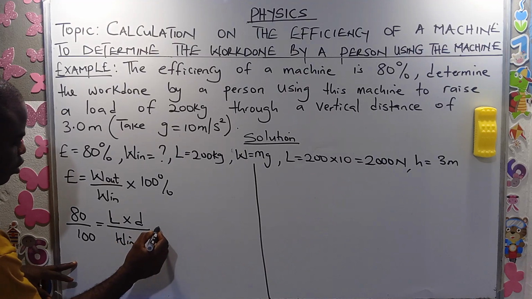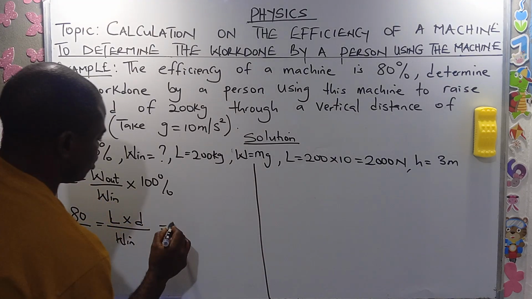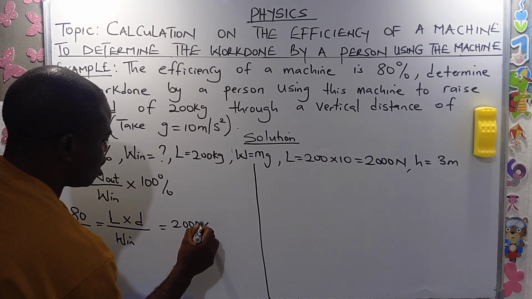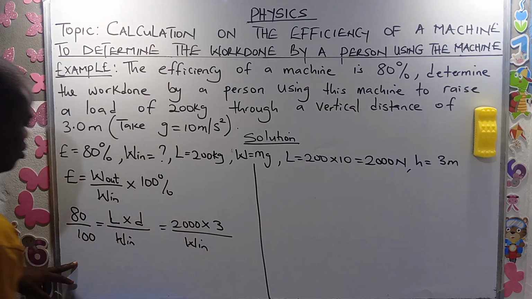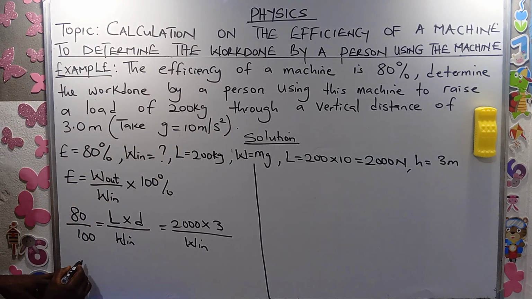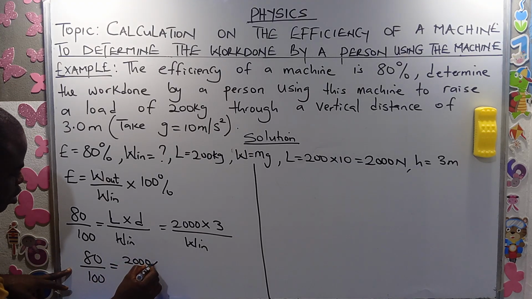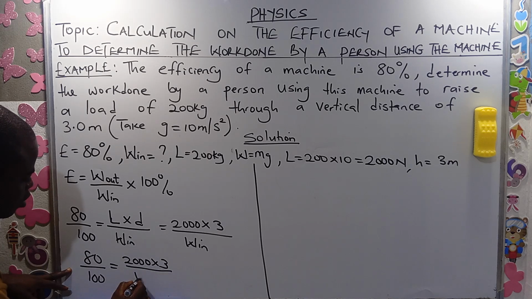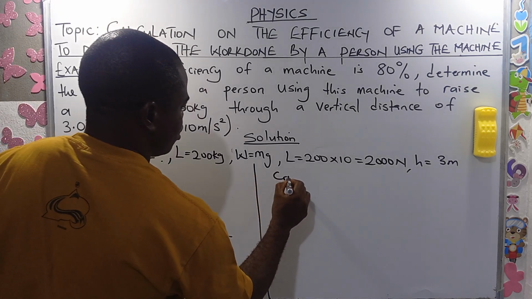Now, you have it equal to, what's your load? Load is 2000. 2000 times 3 divided by work input. Now, 80 over 100 equals 2000 times 3 divided by work input. We cross multiply.